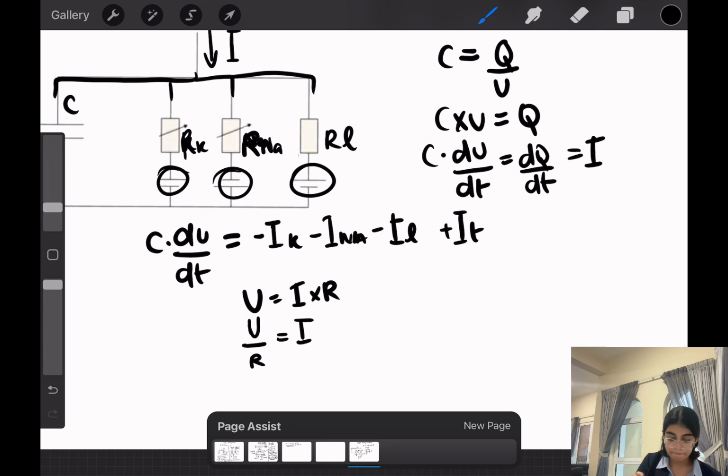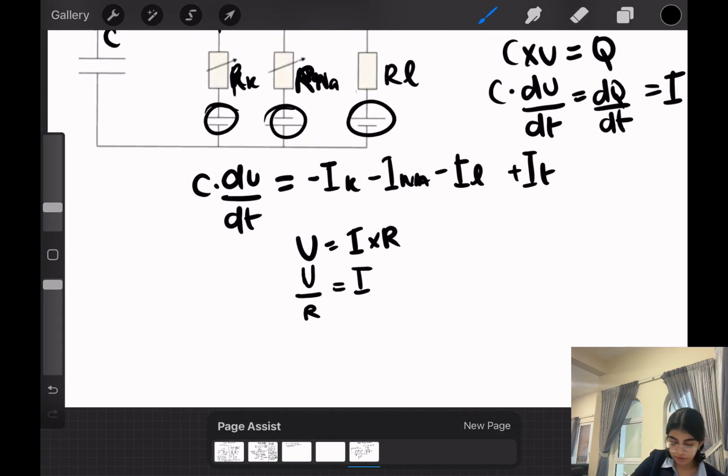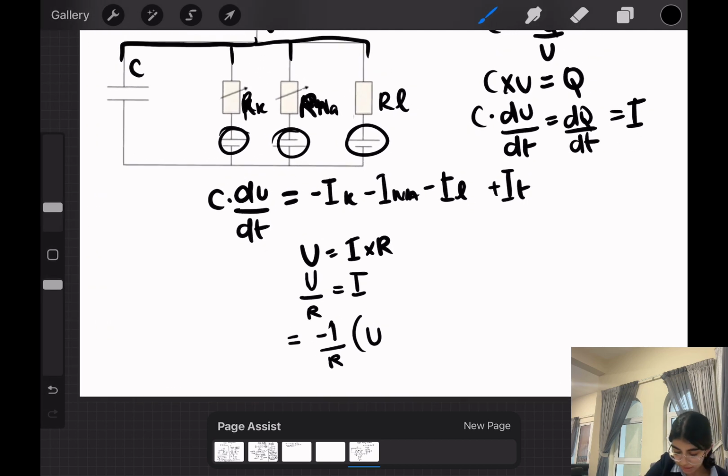Hence, the voltage of potassium, sodium, and leak would be described as the following: minus 1 by R, as V divided by R is V times 1 by R, times the total voltage minus the voltage from the battery for each component.